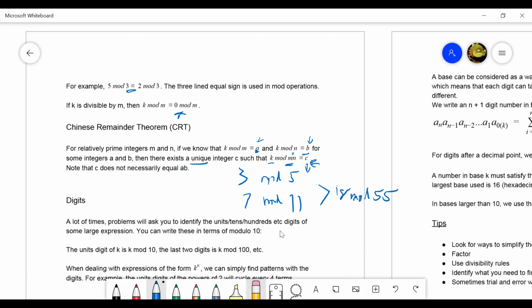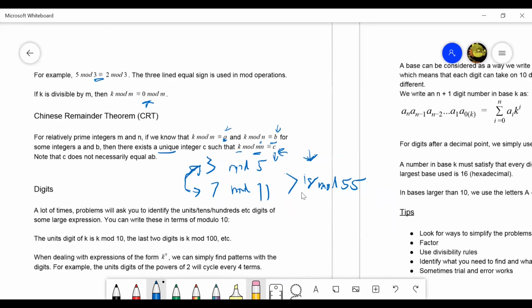The way you get 18 is simply by trying every number that satisfies one of these two. So you start with all the numbers that are 7 mod 11, and then see if they also work for the previous condition. And what the Chinese remainder theorem says is that there's only going to be one such number that works for both of them. So as soon as you find one that works, you can stop. I know that that's your answer.